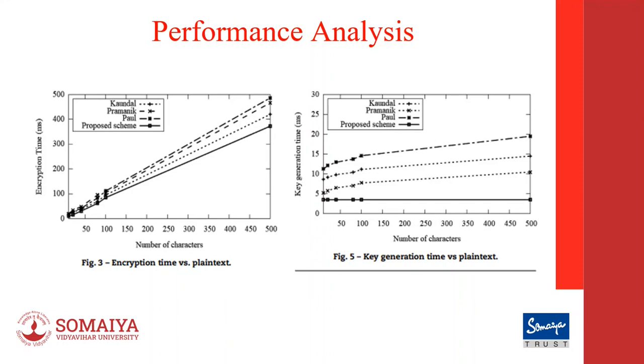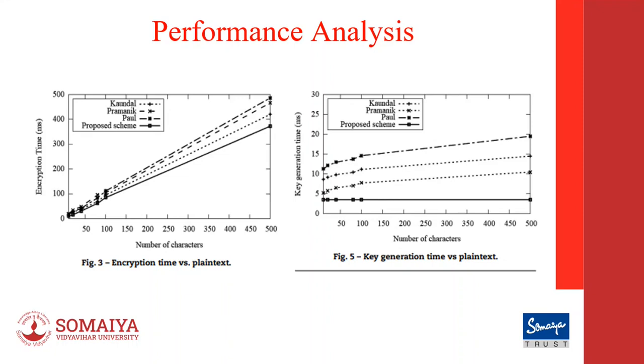In the next graph, figure 5, key generation time, we can see that the key generation time is observed to be far less than the key generation time required by the other three solutions.